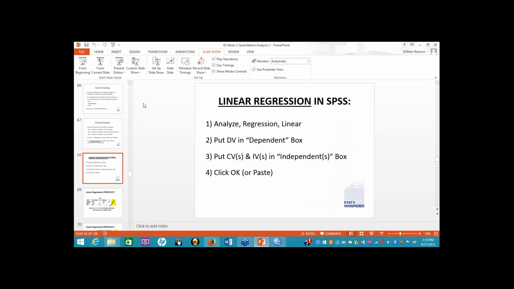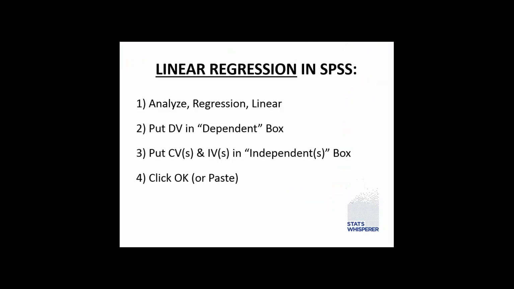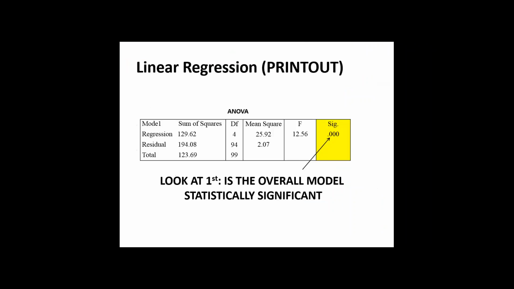So we have the model summary, the ANOVA. Let's go look at these on the slides. The first box you want to pay attention to at the top of the output is labeled ANOVA.